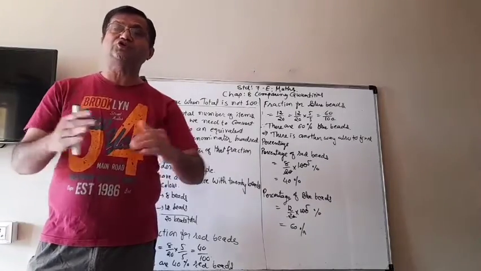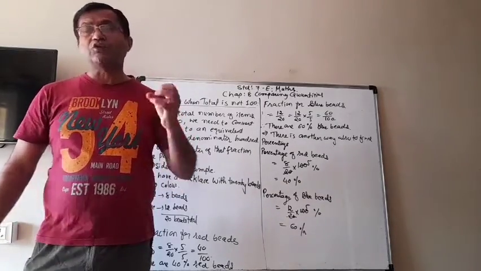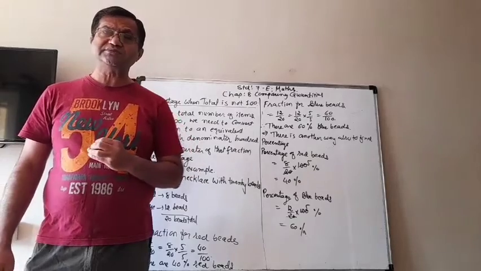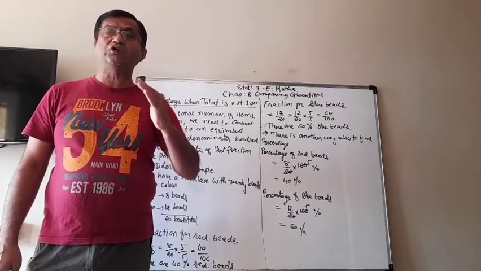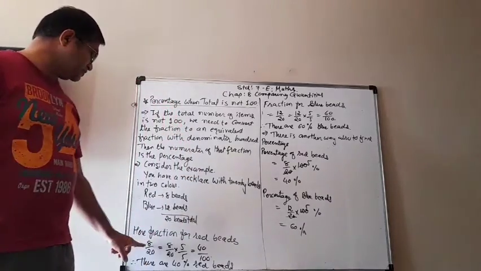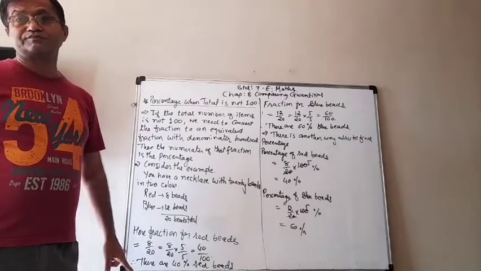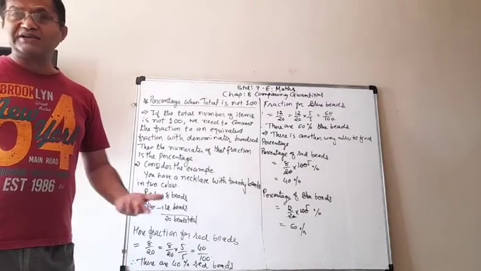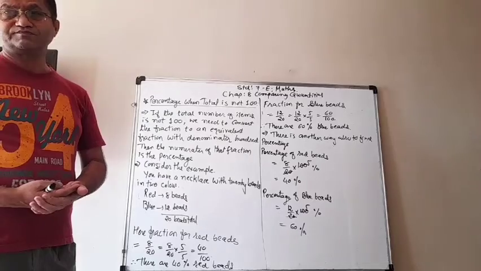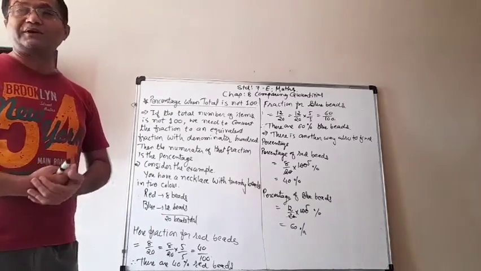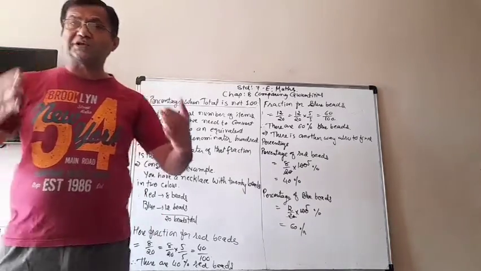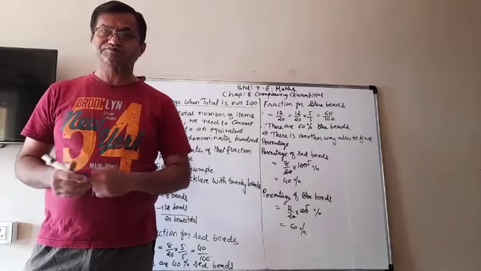So total 20 beads. What is the fraction of red beads? It is 8 out of 20, that is 8 upon 20. Now, you can't say it is 8% and that is 12%, because the total percent must be 100.